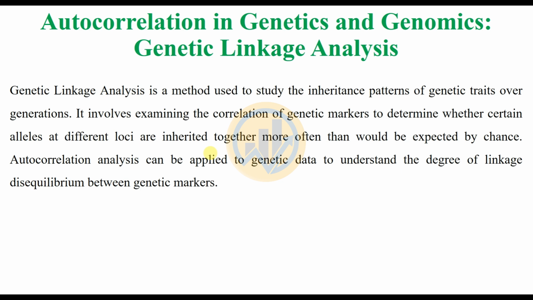It involves examining the correlation of genetic markers to determine whether certain alleles at different loci are inherited together more often than would be expected by chance. Autocorrelation analysis can be applied to genetic data to understand the degree of linkage disequilibrium between the genetic markers.